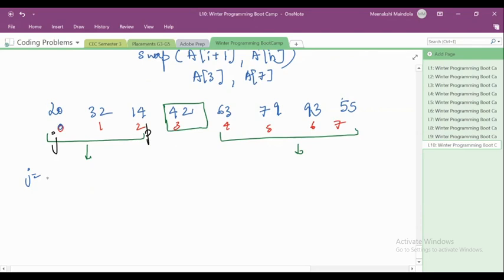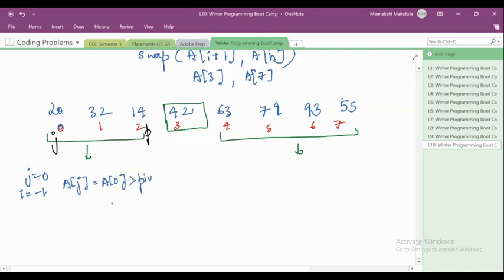So you say for j equal to 0, and i equal to -1, you are going to start off. And again, you compare a of j, which is currently a of 0, with the pivot element, and you see that a of j is actually greater than the pivot element, right?